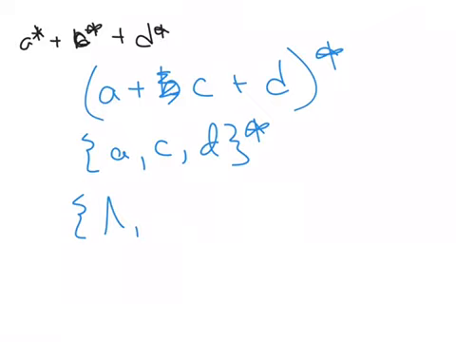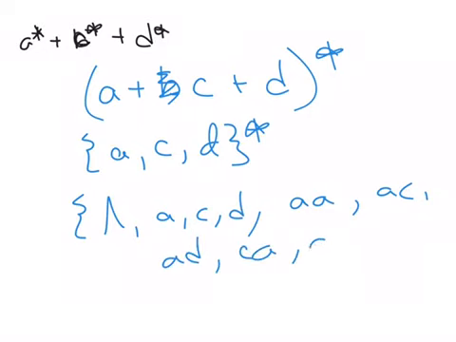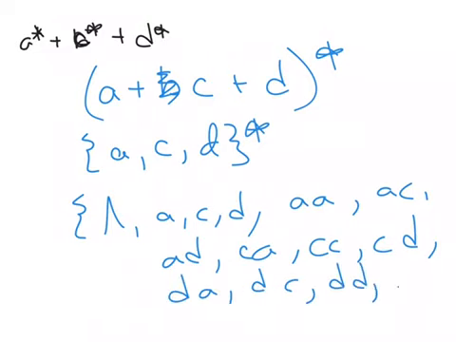And then in terms of strings of length 1, we still have A, C, and D. But now when we start talking about strings of length 2, we could have any combination of strings here we want. So we could have AA, AC, AD, CA, CC, CD, DA, DC, DD, and if you write something like this and you're showing me, look, here's all the things of length 0, length 1, length 2, I'll accept your pattern and say, yeah, that's pretty good.